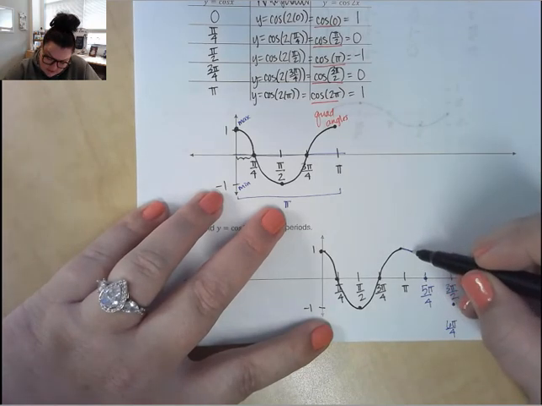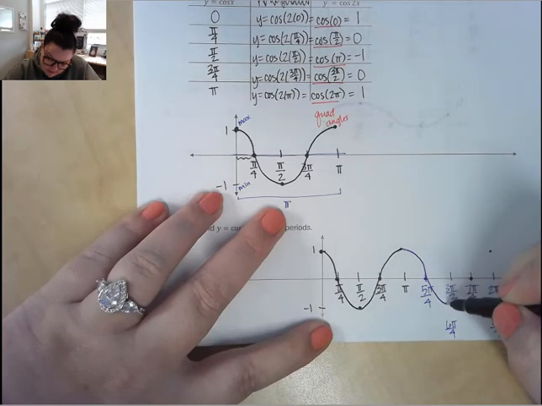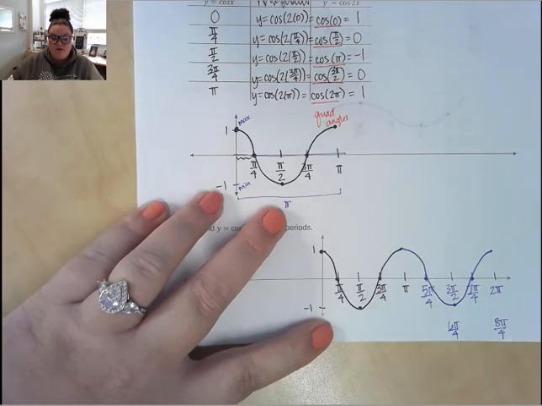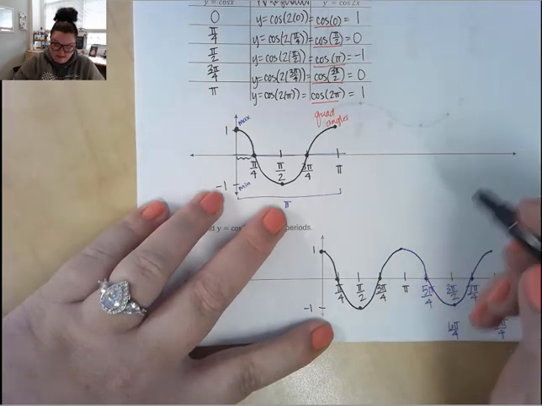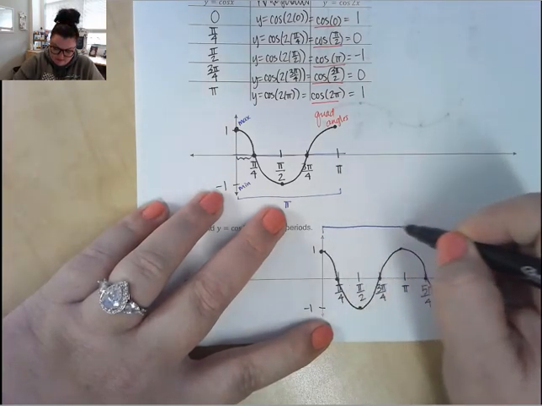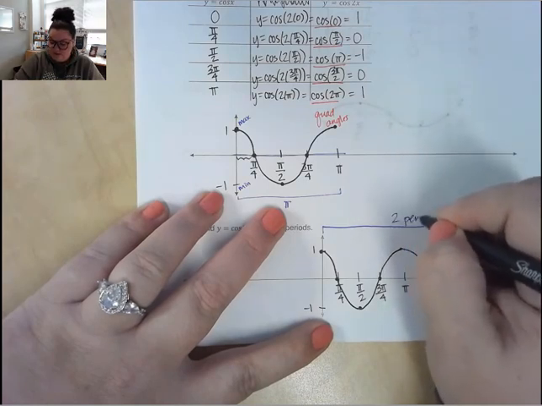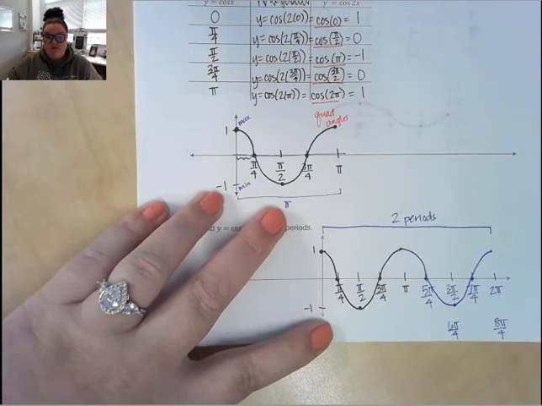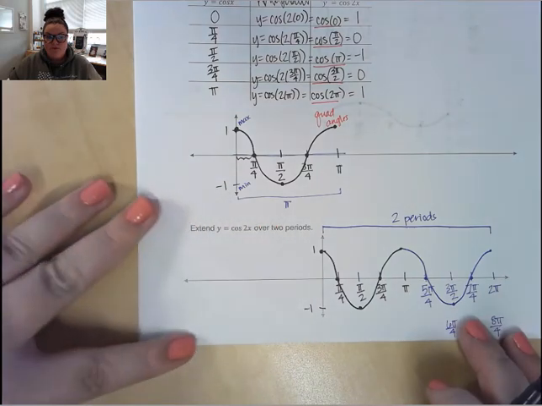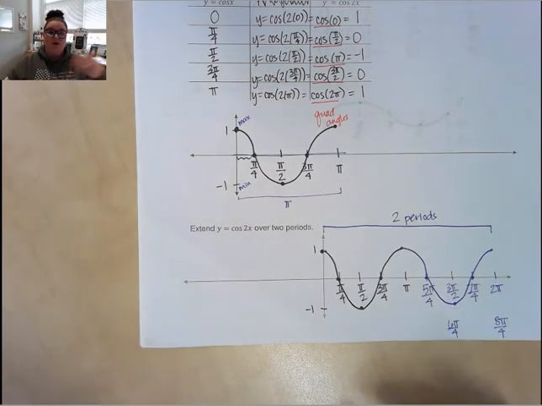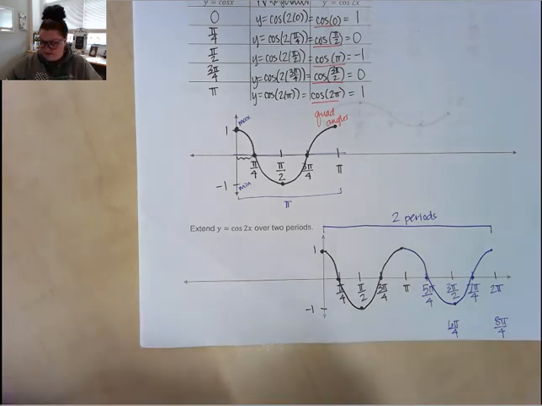So we can just continue on this cosine curve. Okay, so notice here, from here to here, this is 2 periods, right? Okay. Or we could do our second period going to the left in the opposite direction.